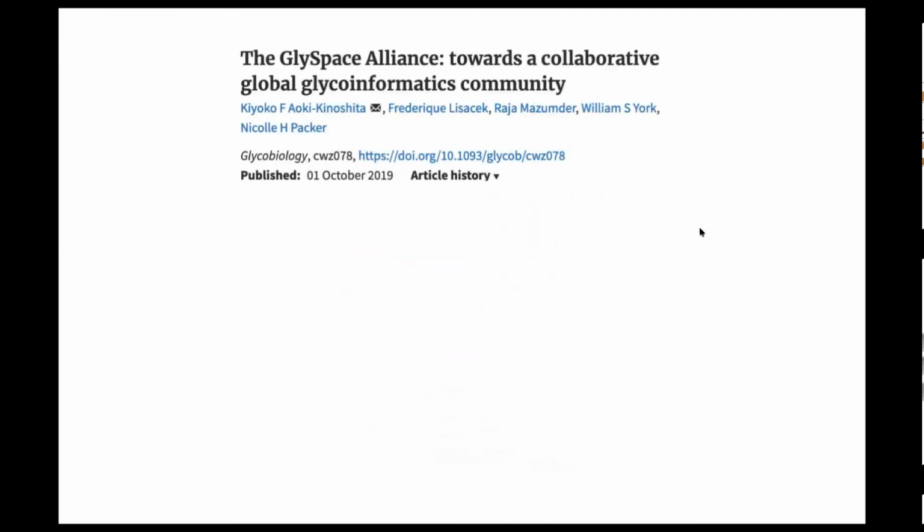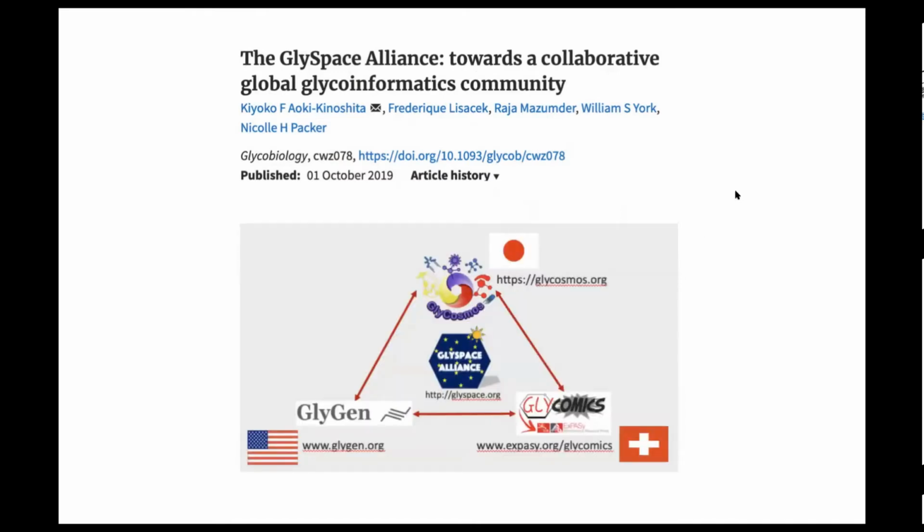And because there's so much to do, we decided very early on to try and join forces with the different initiatives that have started in 3 places, basically, in terms of trying to integrate data.